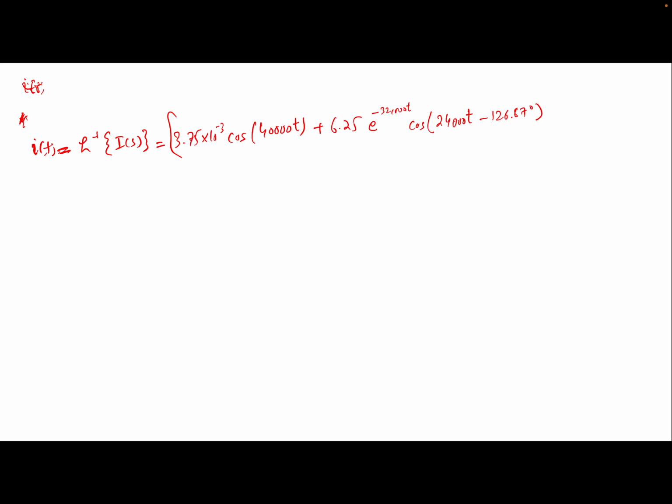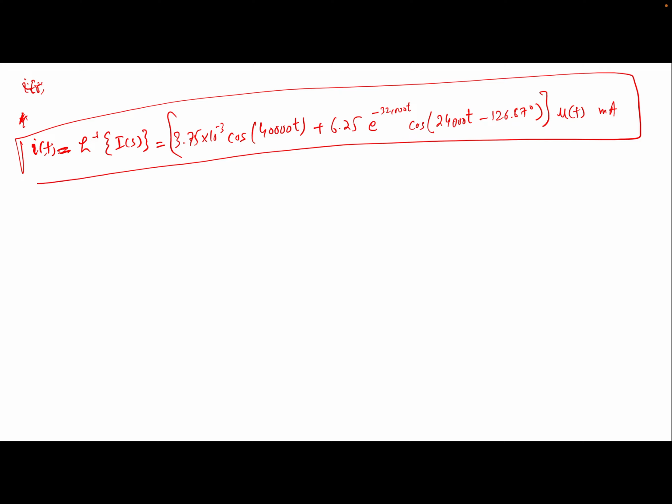And again, I was kind of missing the step functions because I said I'm just going to add them at the end. And this is in milliamps. Okay, so this is your equation for the current in the time domain.